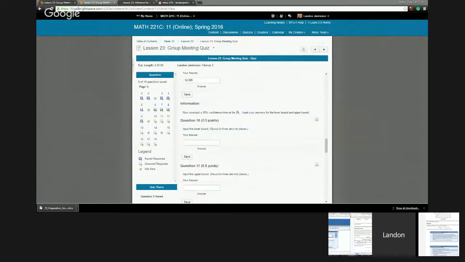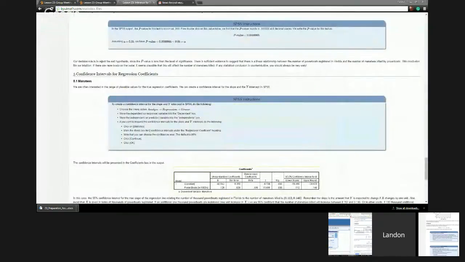Okay, 95. Do you guys know which one is the dependent and which one is the independent? Earlier in the questions, they say treat the score as dependent and treat the confidence as independent.